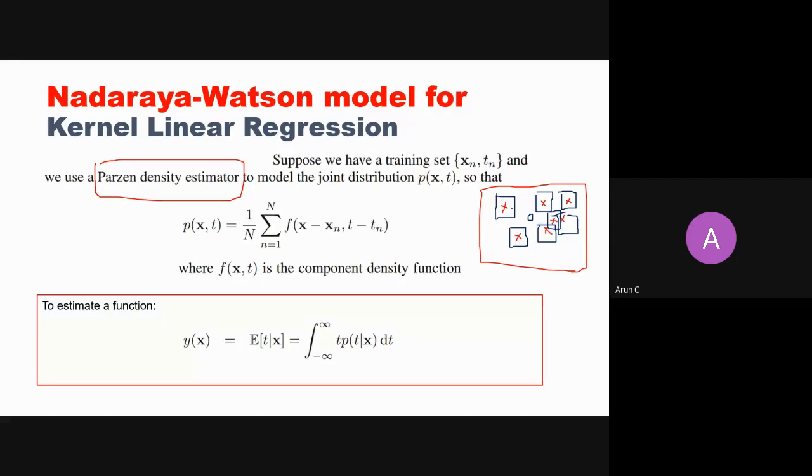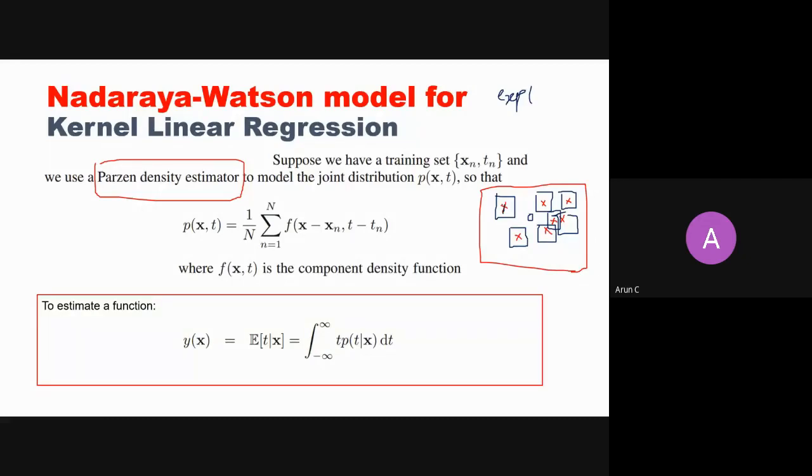Just to make you understand further, assume that rather than using these square boxes or windows, you are using some kernel, a radial basis function, right? What is a radial basis function? It is like putting your exponent where the mean is where you keep your x.